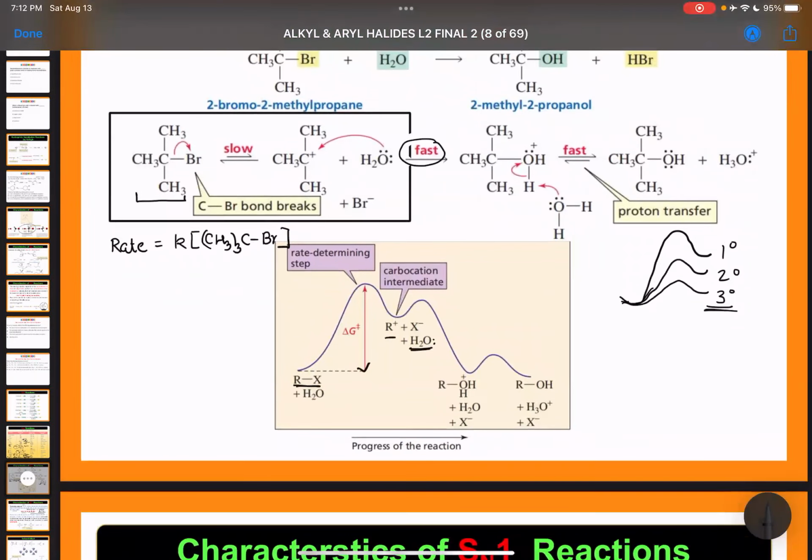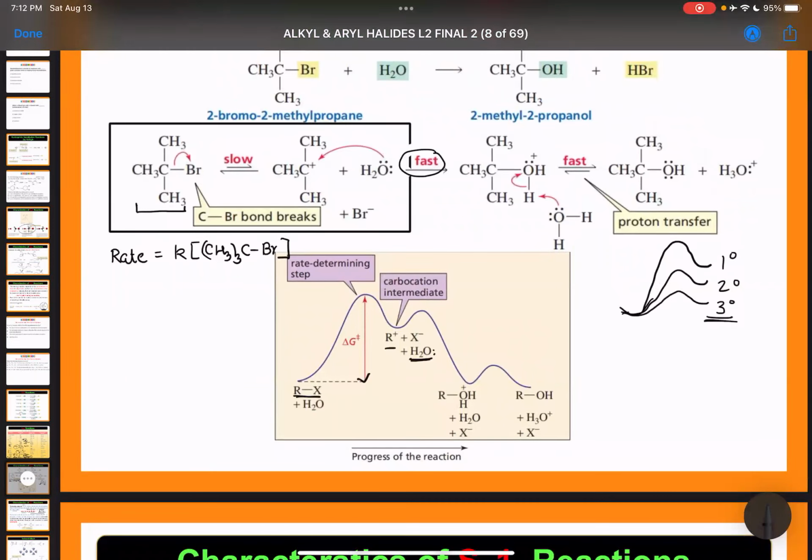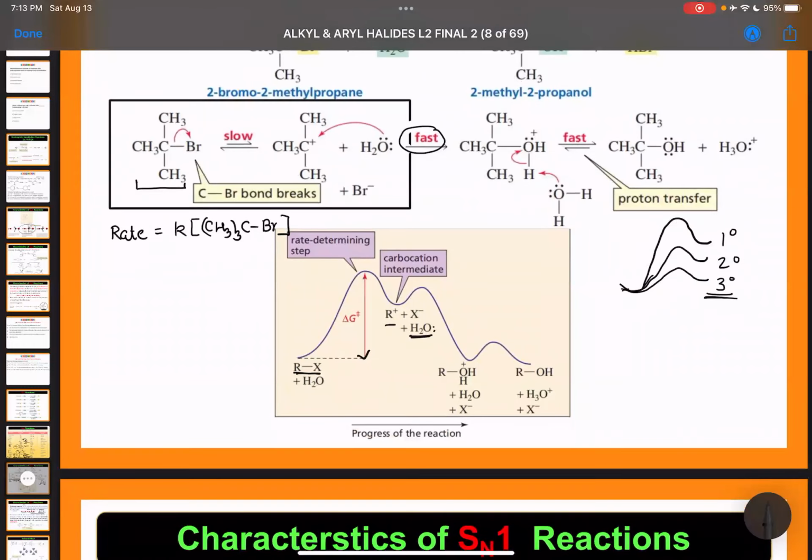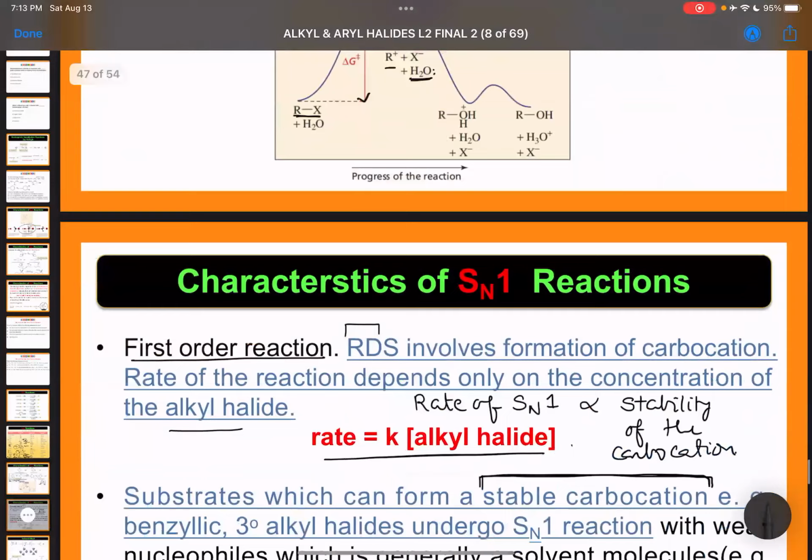The nucleophile has no role because the nucleophile appears after the main step has already happened. So to check the rate or the speed, you need to concentrate on the main step, that is the departure of the leaving group and formation of a carbocation. You need to look at the stability of the carbocation.